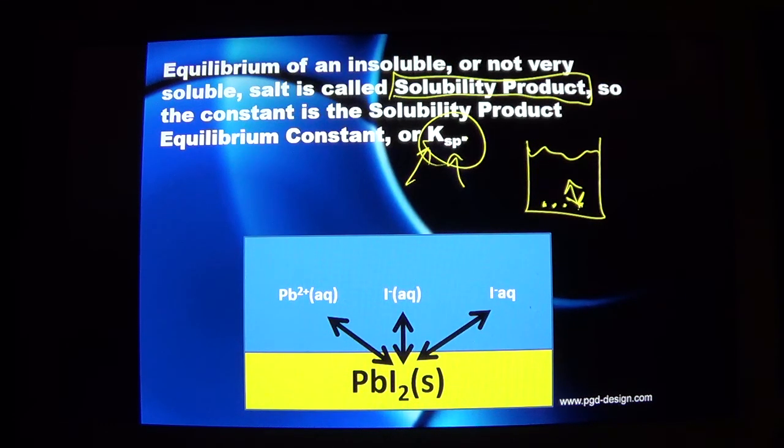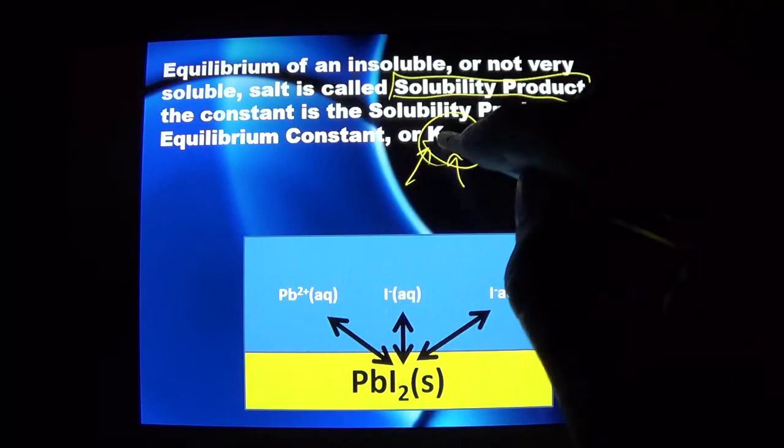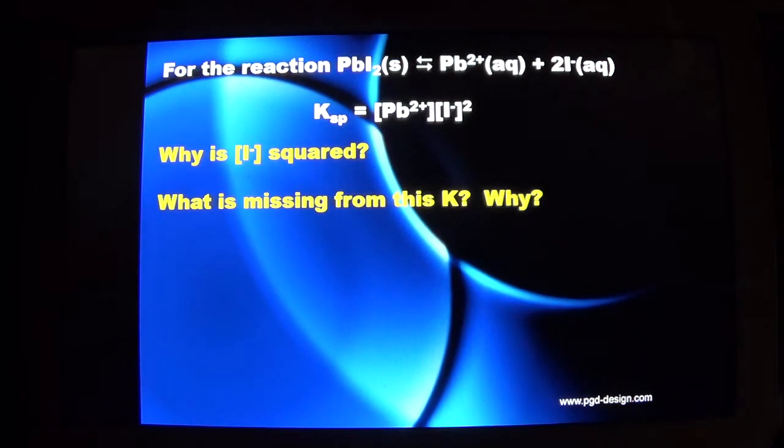No. Is it nice to specify, hey, we're doing solubility product? Yes, it is nice. And very likely on the test in May, they will put the sp there. They don't want to trick you about what K you're trying to find. So they'll either say the words solubility product equilibrium, or they'll write Ksp, or maybe they'll say both. They don't want to trick you.